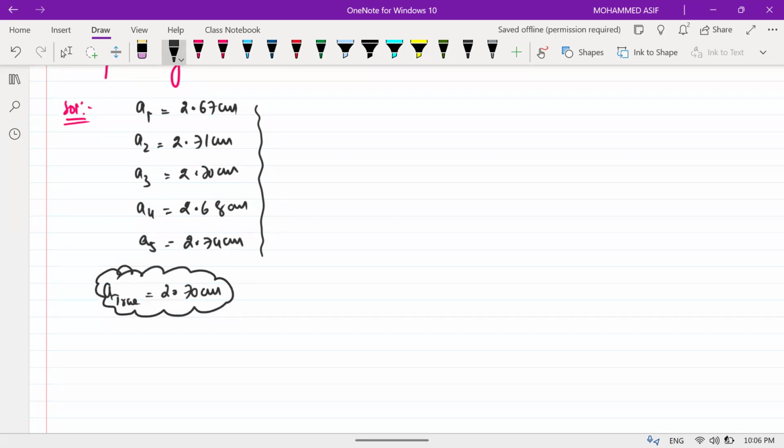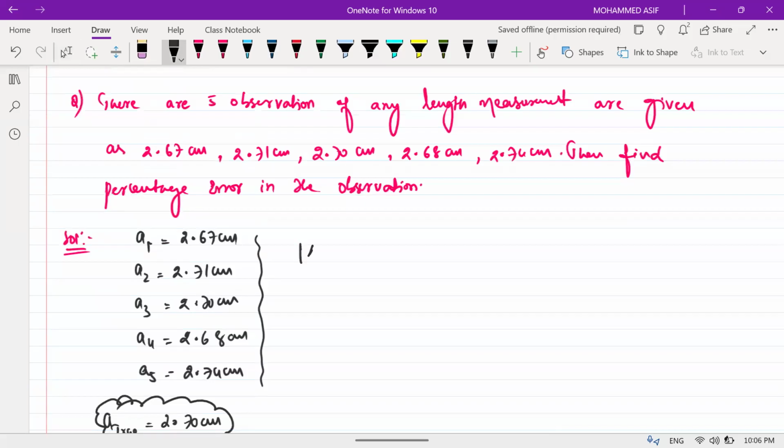Then how do you calculate absolute error? The absolute error in the first reading will be equal to the first reading 2.67 minus the true value 2.70. This is coming out as 0.03 in terms of magnitude, as we are not taking the sign, so it is 0.03 centimeters.